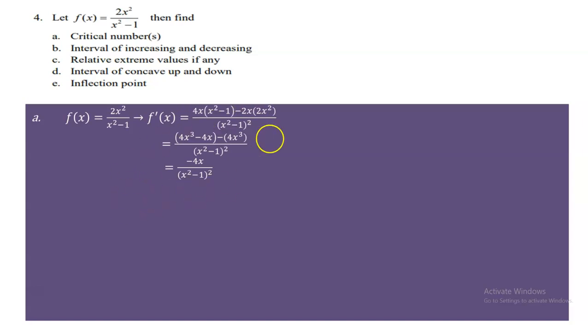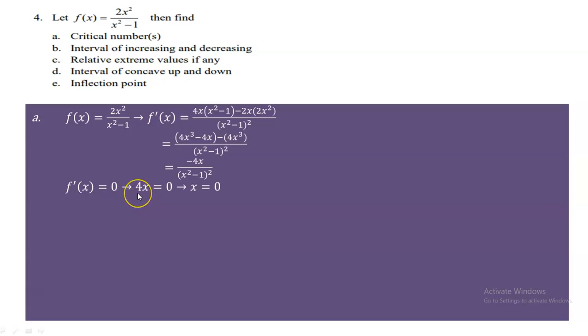Now from this you can determine the critical number. The critical number, as you know, is a number in the domain of the function that makes your first derivative 0 or the first derivative doesn't exist. In this case, the derivative is 0 when the numerator, negative 4x, is 0.